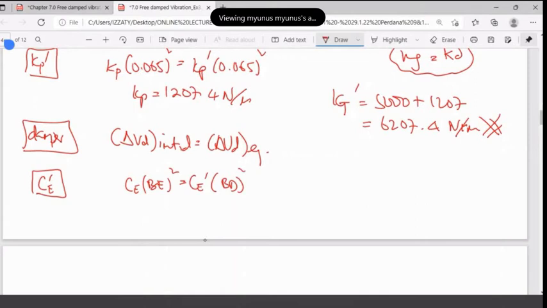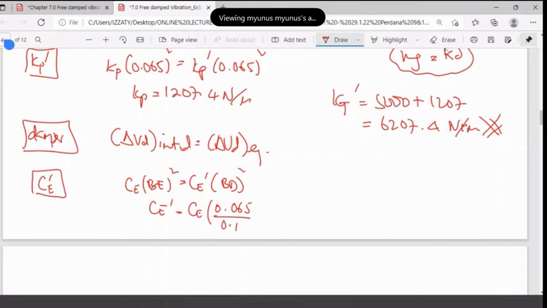So you have this one, CE is equal to what you have. This one will be 0.065 divided by 0.1.